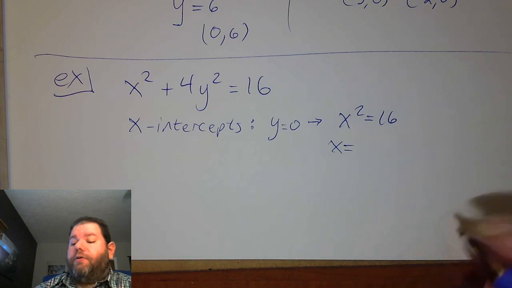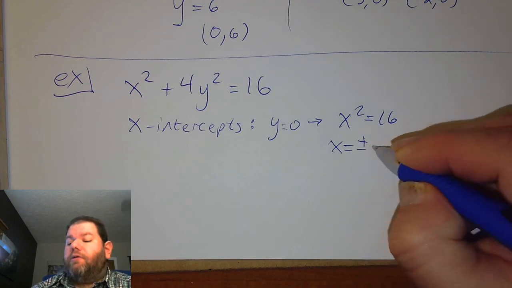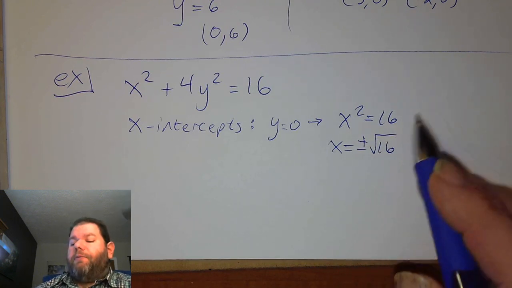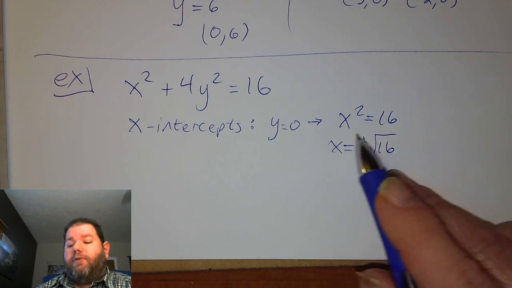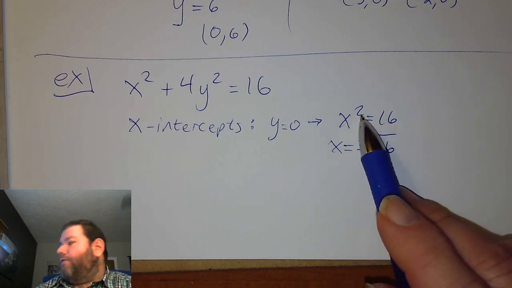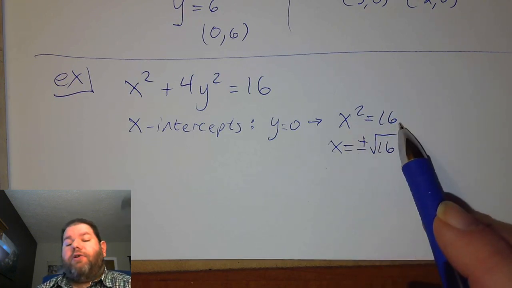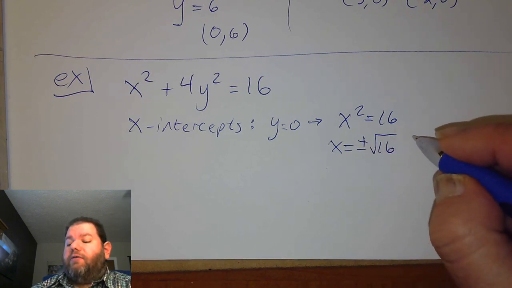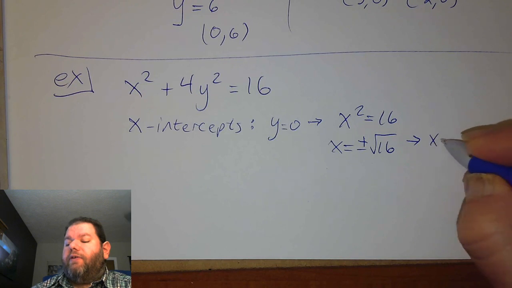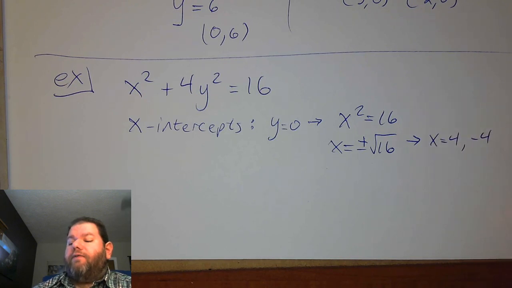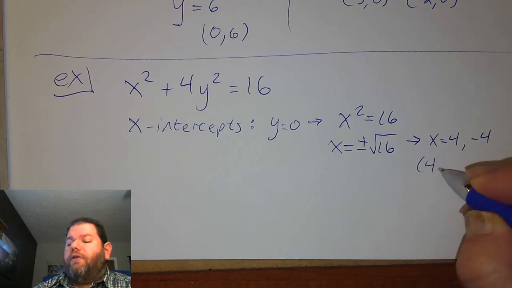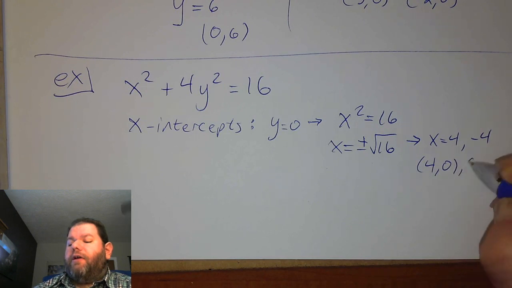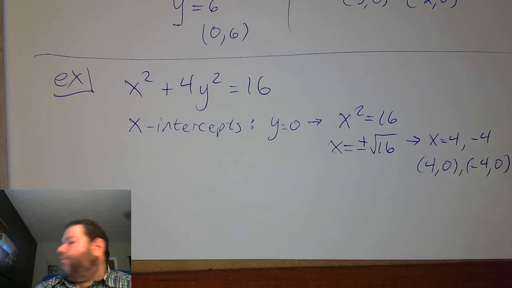Four and negative 4. Good. In reality, we're basically just taking the square root on both sides here. The square root of x squared is x, and for the square root of 16 we'll put plus or minus. So x is 4 and negative 4, so we get the ordered pairs 4 comma 0 and negative 4 comma 0.